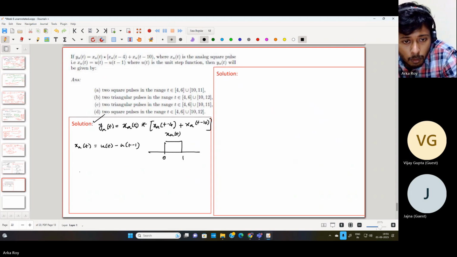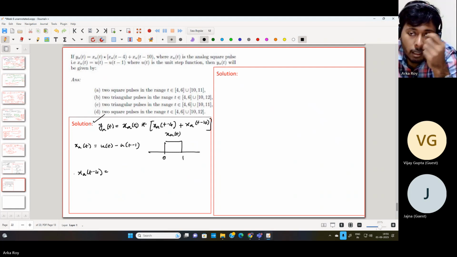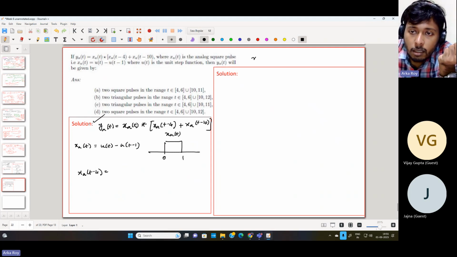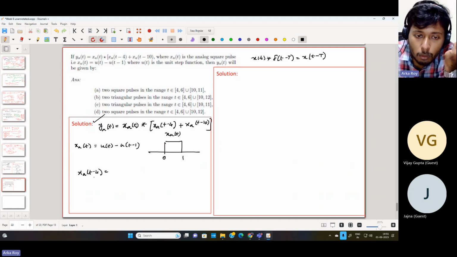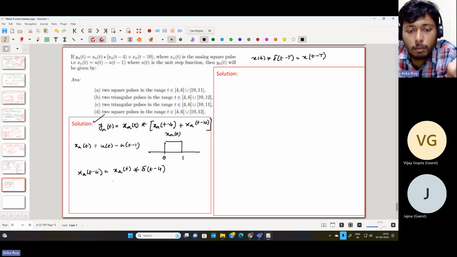Now, given this particular pulse, we need to solve this convolution operation. From the first class, we have already said that a signal x(t), if it is convolved with delta(t minus T), it will be x(t minus T). So by that logic, I can write xa(t minus 4) as xa(t) convolved with delta(t minus 4).